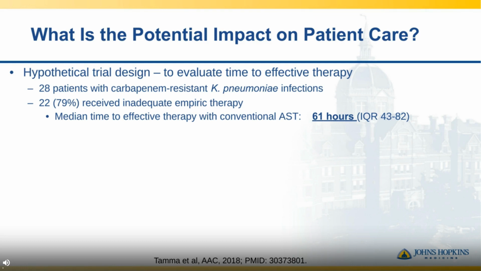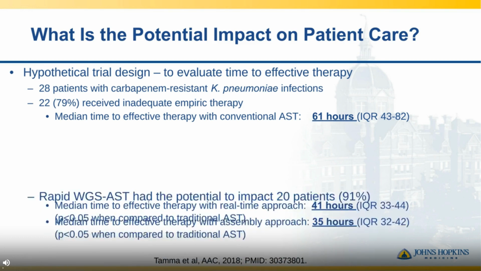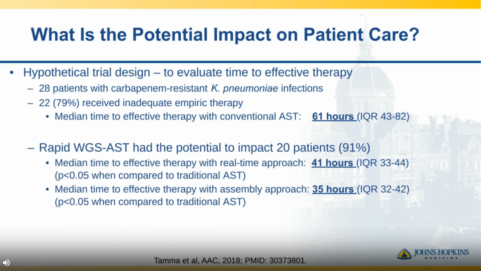Of the 28 patients with carbapenem-resistant Klebsiella pneumoniae infections, 22 received inadequate empiric therapy, and the median time to effective therapy for conventional antimicrobial susceptibility results was 61 hours. Whereas if we would have applied our rapid whole genome sequencing approach to prediction, we had the potential to impact 20 of those patients, with a median time to effective therapy of 41 hours with the real-time approach, or 35 hours with the assembly approach.